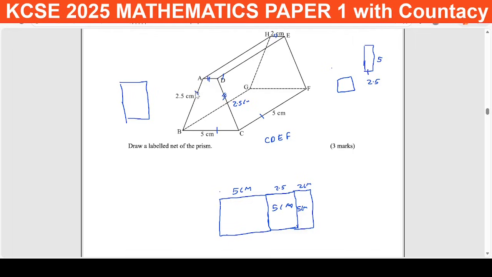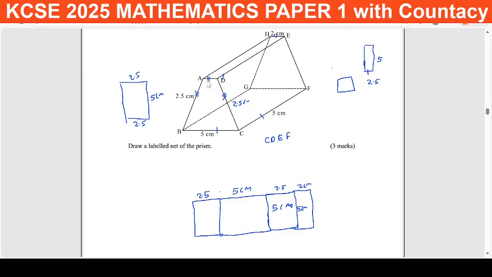It becomes now this part, 2.5. And this length over here, I'll actually write it down here for you to see it much better. This one is also 2.5, and this length here is 5 centimeters. So this is the part that is connecting to this line. Therefore, we just drift this one swiftly and I will bring it there to have 2.5.